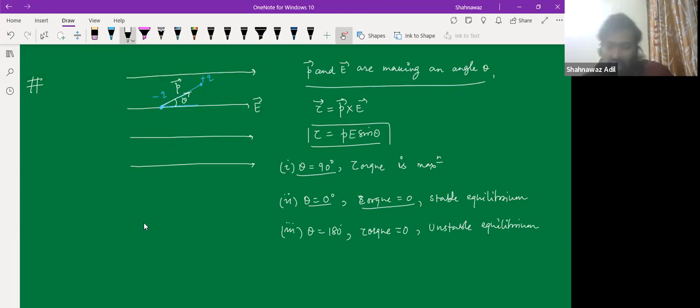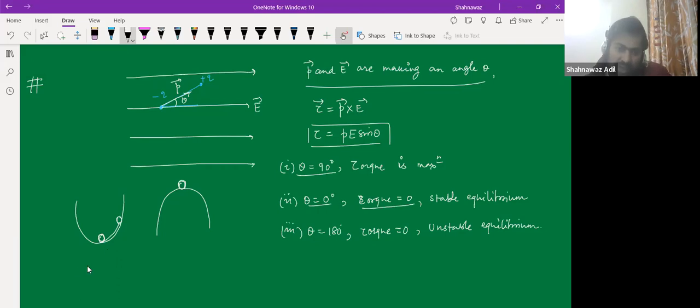Right? From the graph, how can we say stable and unstable? So let's say you have these two surfaces, right? And these are some objects. So if you take this object, if you move this object in here, right? So again it will roll back and it will reach this position.